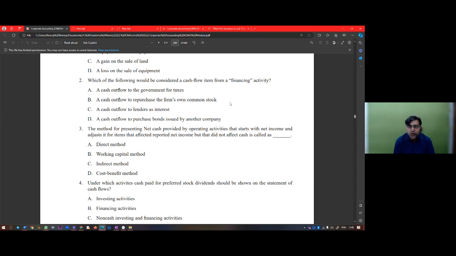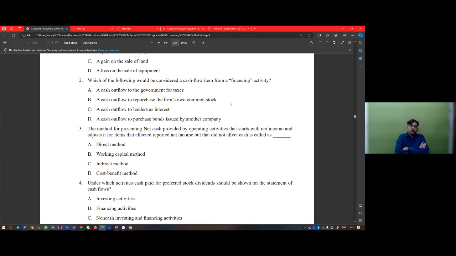Which of the following is from financing activities? Which would be considered a cash flow item from financing activities?